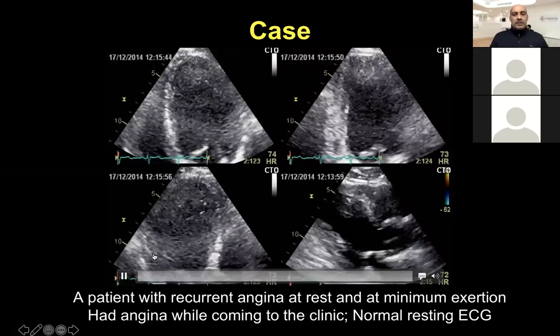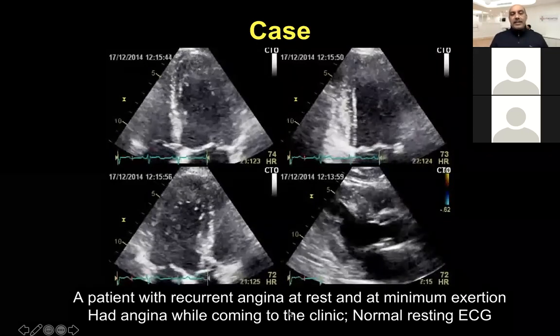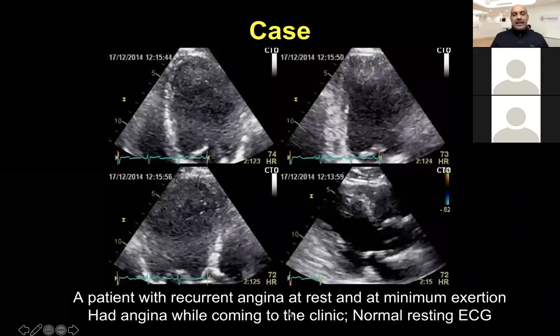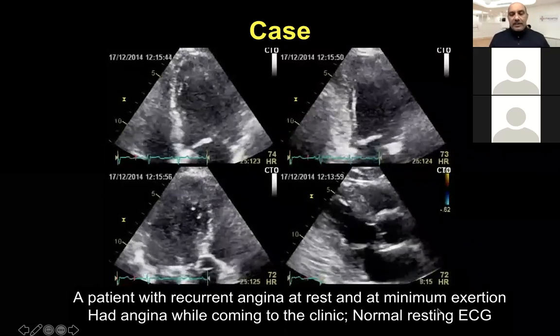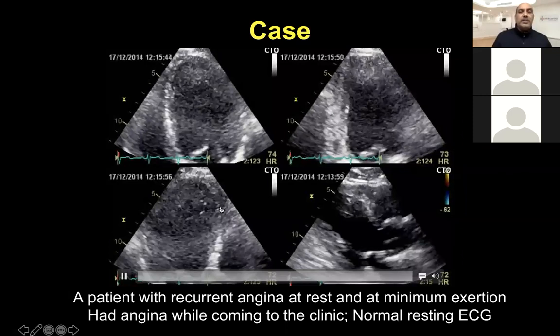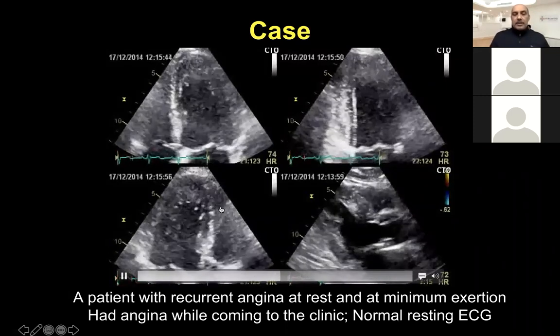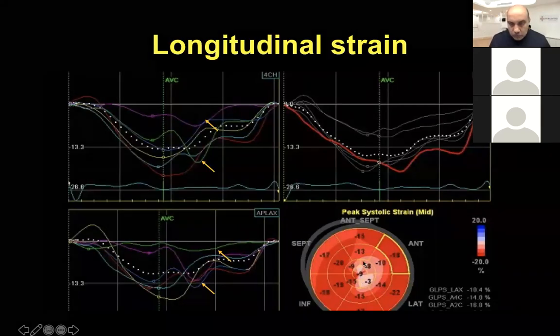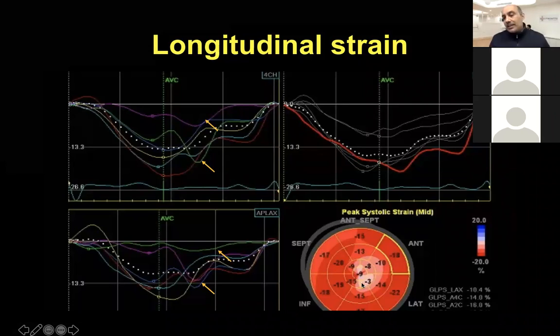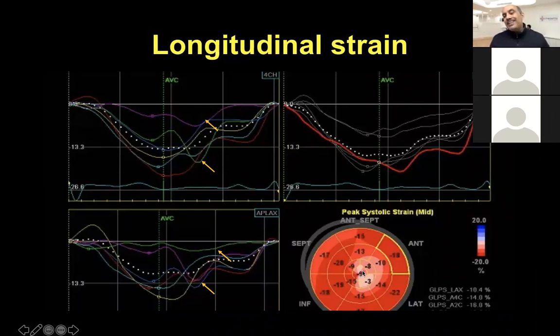So this person was a patient with recurrent angina at rest and at minimum exertion. And he was in the clinic and the ECG was normal. And this is what the echocardiogram is. Can you imagine? We did a longitudinal strain and we found that the apex, although seemingly contracting well, the contractility or GLS was lesser in the apex, which means it was the terminal LAD segment.